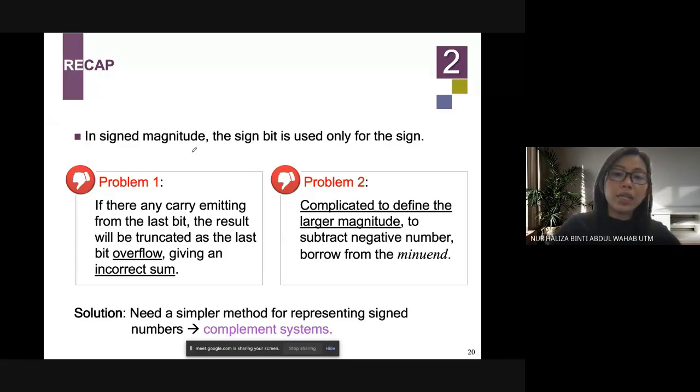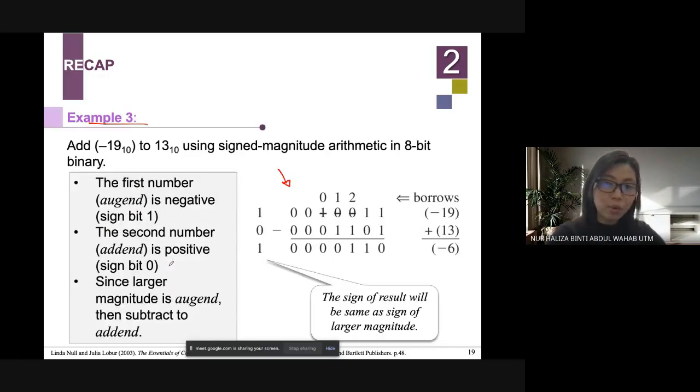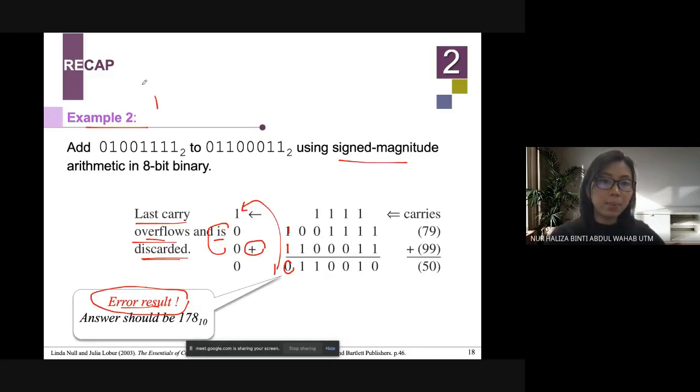So we can conclude in sign magnitude that we have a first problem: if any carry is emitted from the last bit, the result will be truncated as the last bit overflows, giving an incorrect sum. Same goes for what happened in your example 2.